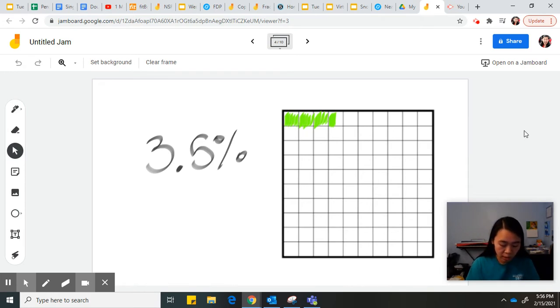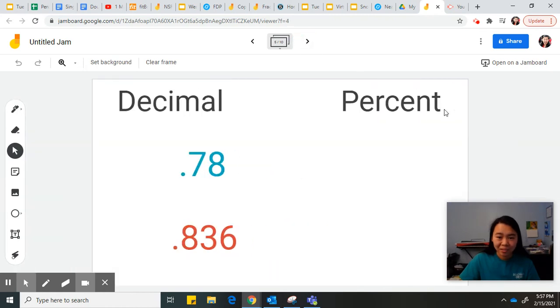But as long as you keep track of whether your number is a decimal or percent, has that percent sign, then you should be good. Just know that it is possible for us to see percentages that have decimal places, but we're going to practice some now. I'm going to do 6 problems going from decimal to percent, and then 6 problems percent to decimal. So please feel free to try these problems on your own, pause the video, try it out, and then see what I do to see if you get it right.